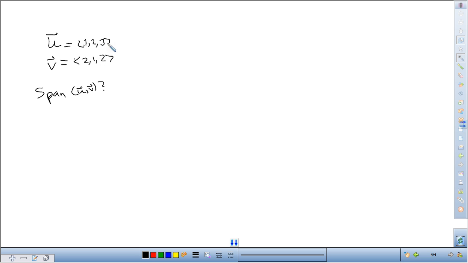This is a much more algebraic thing. It's a lot more difficult than if I draw three-dimensional axes, with a vector like that and a vector like that, and look at the span of them. That's very different from algebraically figuring out the span of these two vectors.